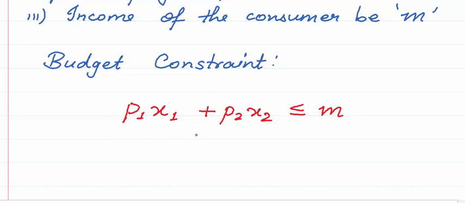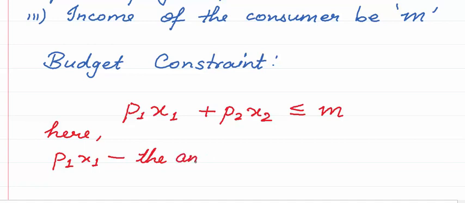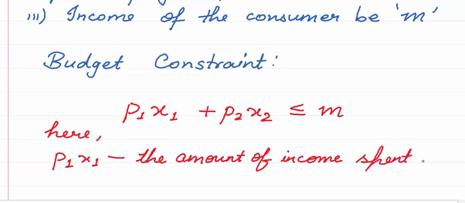In this equation, let us first see what each term denotes. Here, P1x1 is the amount of money, which is the income of the consumer, spent on purchasing good x.